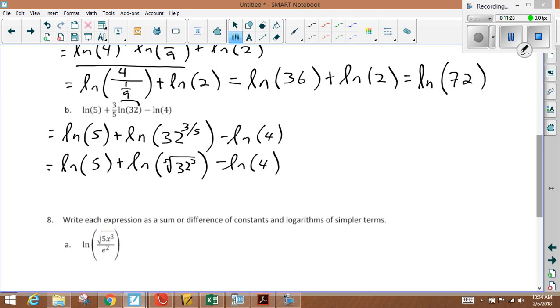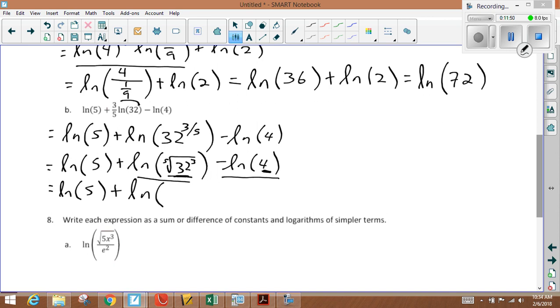Okay. I have a tendency, it doesn't change it, but I like to deal with my subtraction first. I like to make a quotient first. So this is going to be natural log of, since I have this one minus this one, this stuff is going to go in my numerator. This is going to go in my denominator.